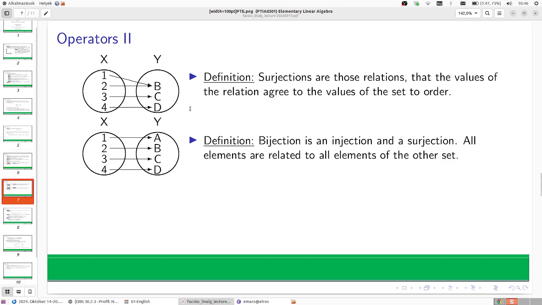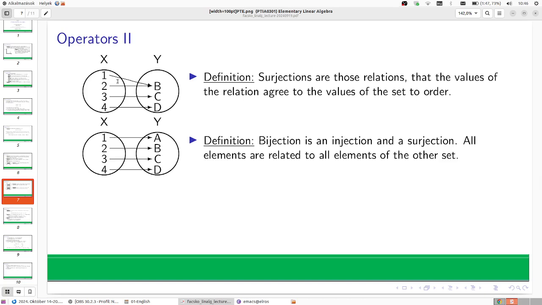If you go further, there are surjections. A surjection is when you have one set and another set, and you order something to all of the elements of the other set, but it could be multiple.